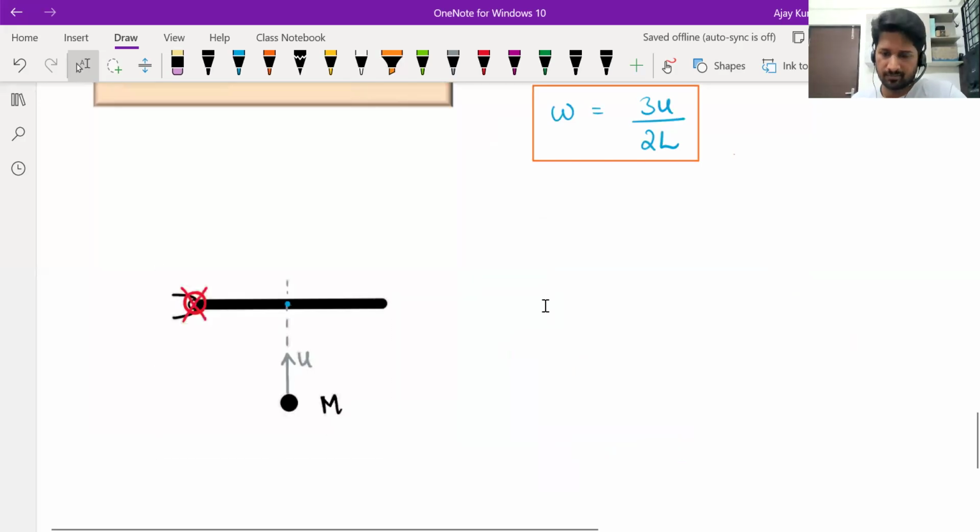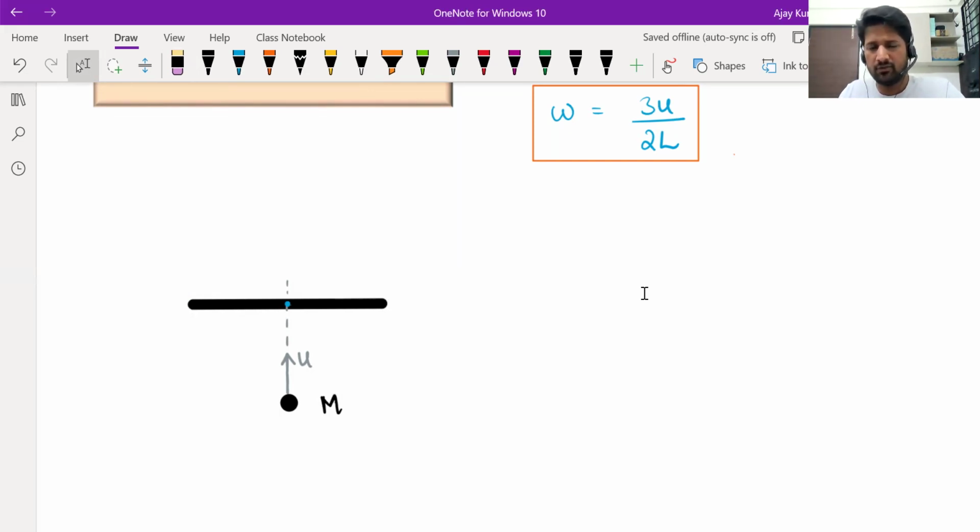Visualize this. The rod is getting hit at the center. Okay, exactly at the center. Now, if you hit something at the center, will it have a tendency to rotate? From your everyday experience, you all tell me, if you hit something exactly at the center of mass, will it have a tendency to rotate?